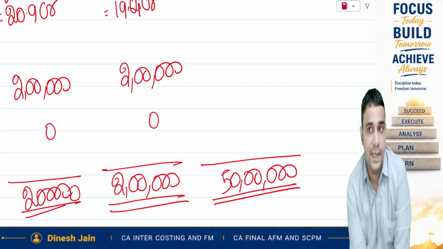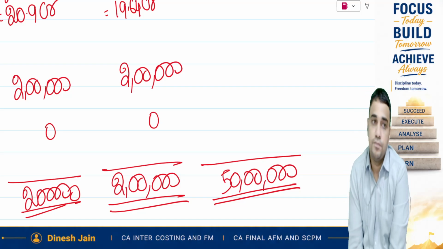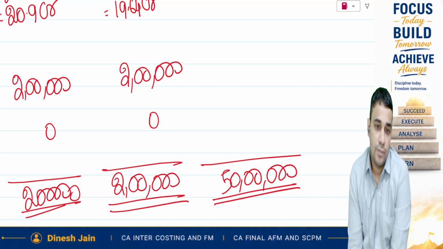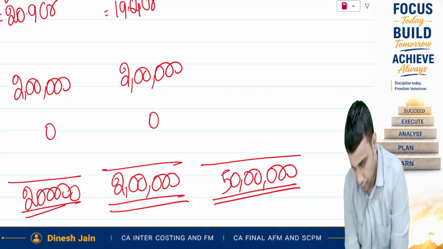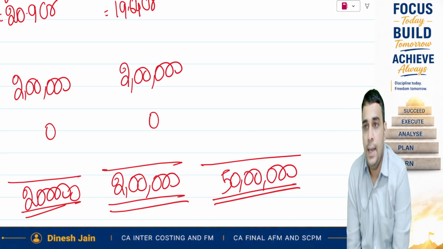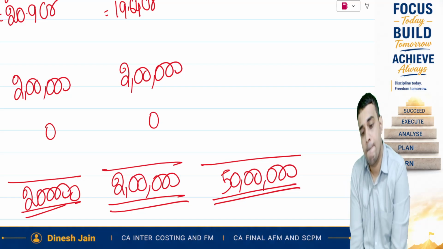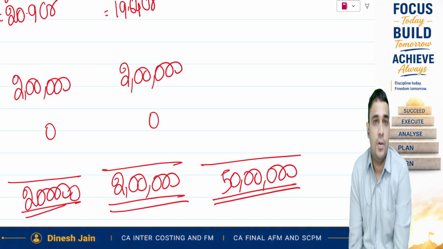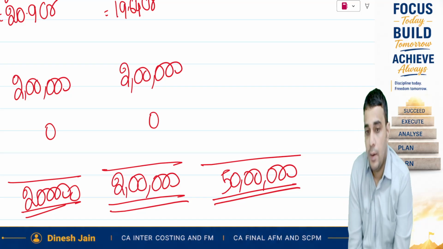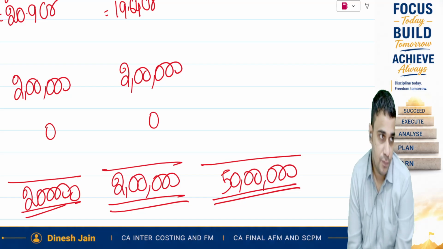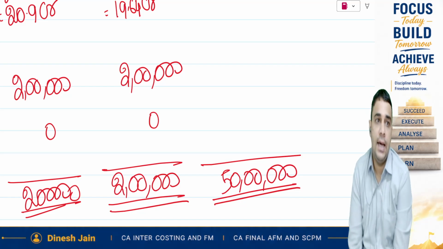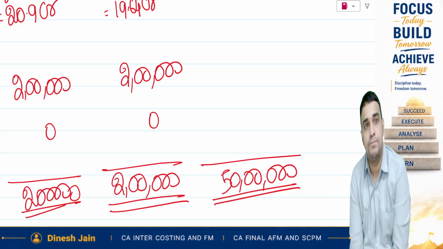Amount paid is 50 lakhs. How you want to do it is up to you. I will explain in some time. 50 lakh is the total amount paid, variable plus fixed. What return did I earn for the investors?